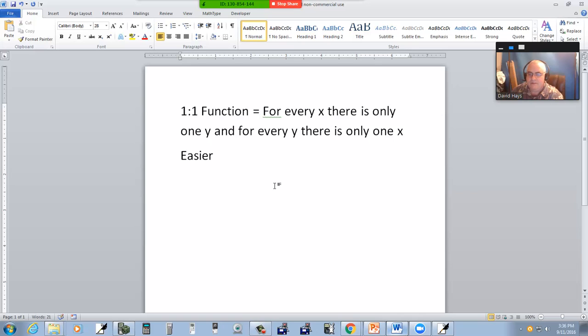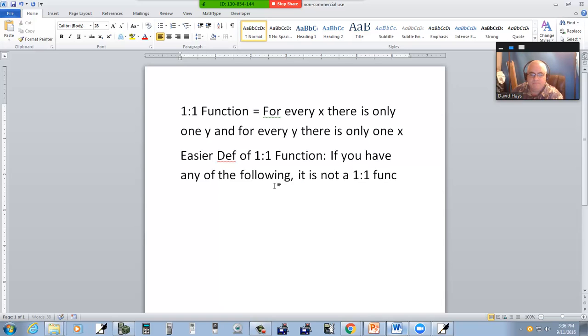We got an easier definition of a one-to-one function. It says if you have any of the following, it is not a one-to-one function.